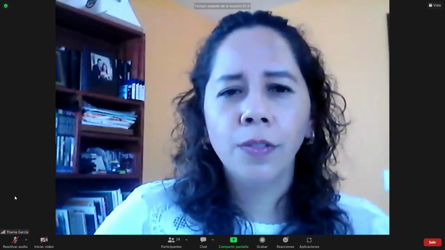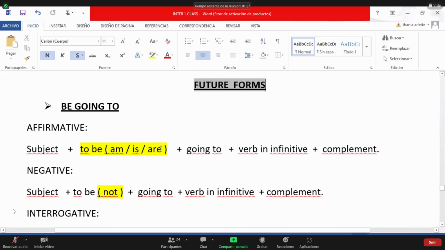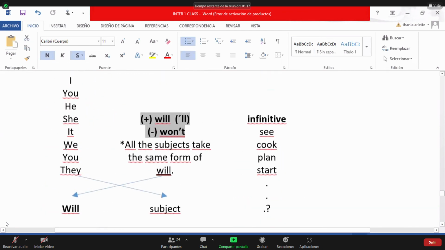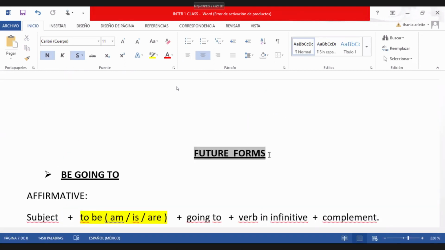Okay, very good. So now, we are checking future forms. Now, we know that be going to and will, apart from expressing a future intention, in which other situation do we use be going to and will?